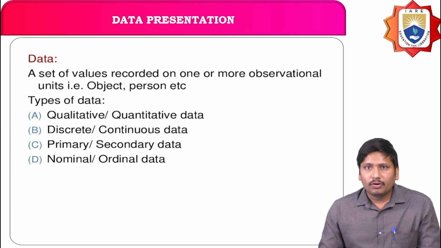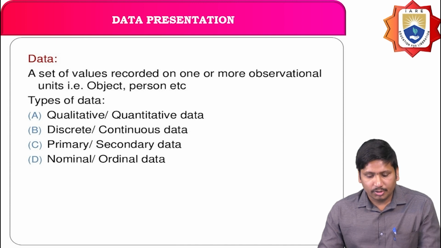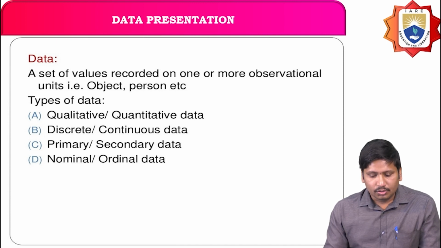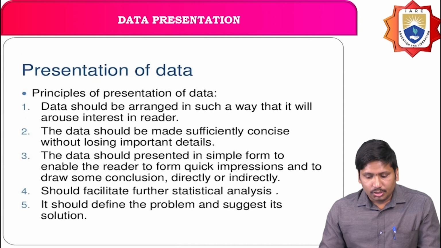And the data will be of various types: qualitative data, quantitative data, discrete data, continuous data, primary data, secondary data, and nominal or ordinal data. So these are the various types of data. I already discussed this in the previous video.